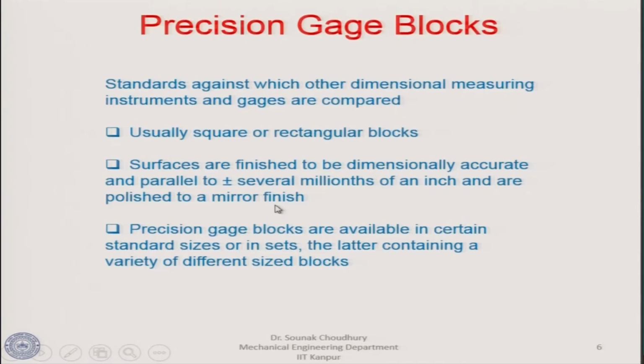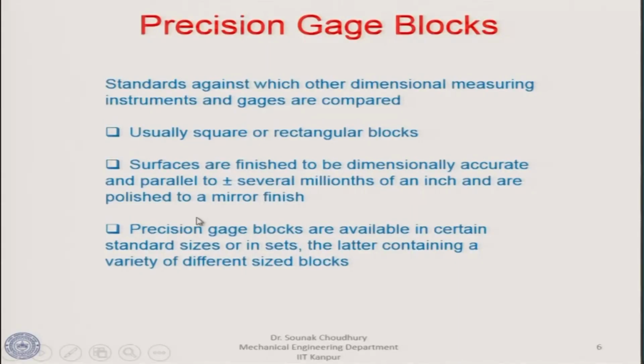You may remember those small blocks with absolutely smooth surfaces. They are so smooth that if you put one on top of the other, it is very difficult to separate them, because their undulations are so small that they stick to each other.